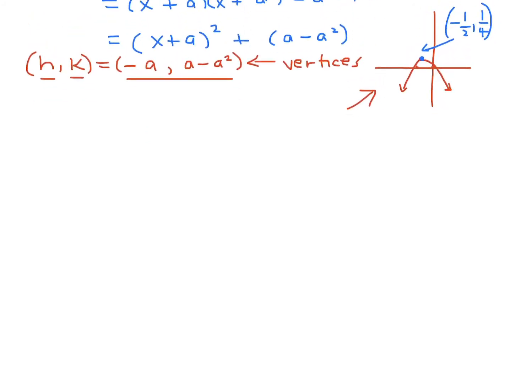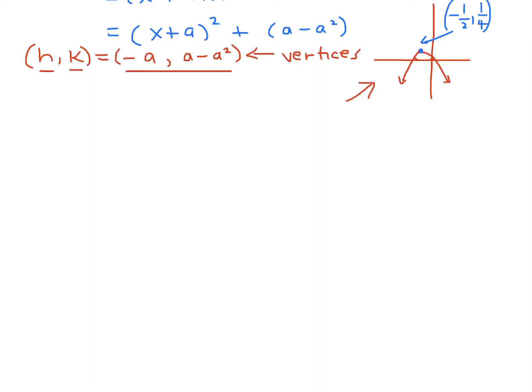So the first thing we have to do is prove that all of these points, if you plot them for a equals 1, 2, 0, whatever, that all those points when plotted will form a parabola. Okay, so how do we do that? Well, notice that the x coordinate is -a, and the y coordinate is of the form a minus a squared.